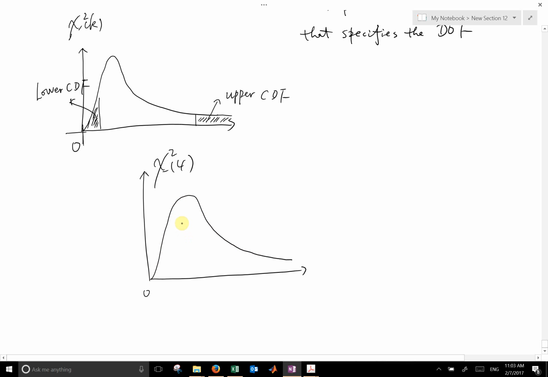And we're going to find from 1.649, and we want to find this area. This area is the probability chi-square less than 1.649, degree of freedom is 4. So this is our location.